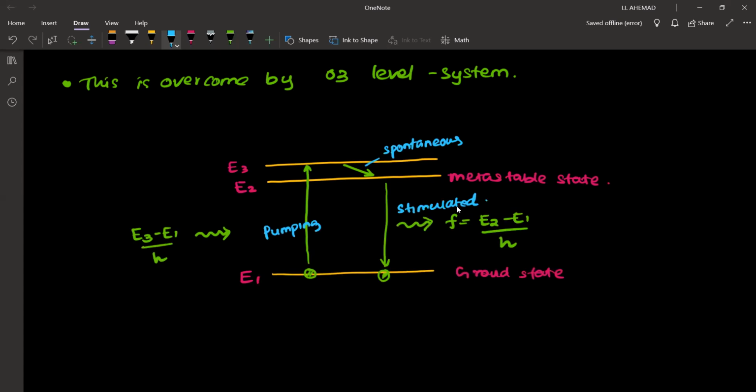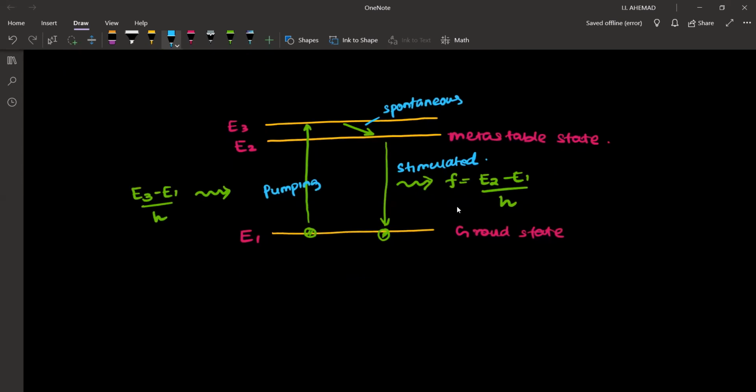So I will go through this once again, what is happening here. First, we are providing the frequency of radiation. When I provide this frequency, using this energy, E3 minus E1, this electron can go to this level, because we know that always the electron will get excited where the energy gap matches.